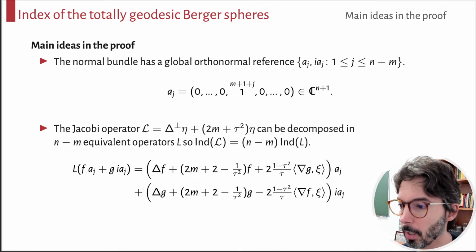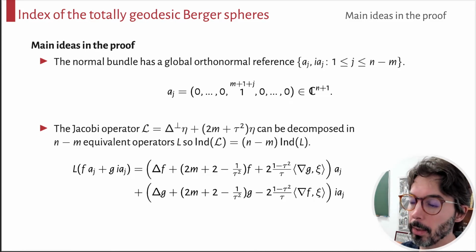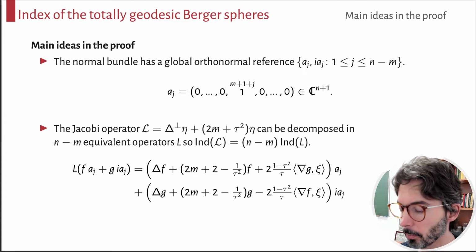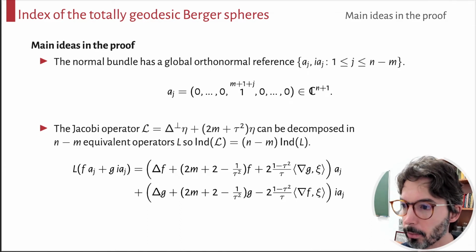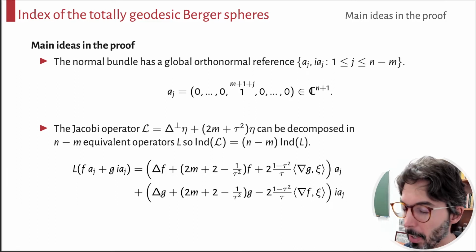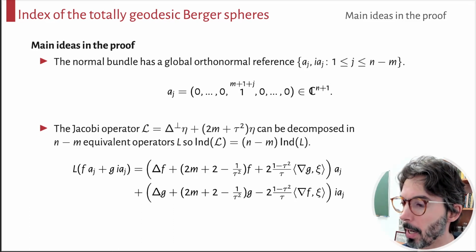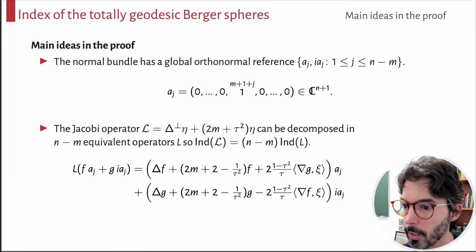I decompose the normal bundle in subbundles of dimension 2 generated by A and IA, with A a fixed vector field in the complex space, and this operator L acts like in the expression in the slides.